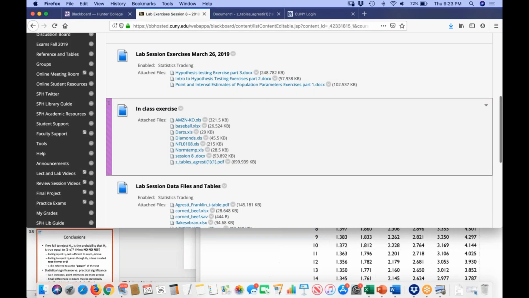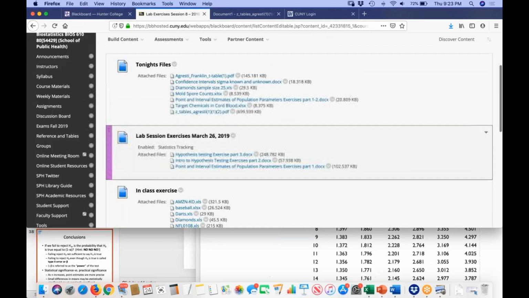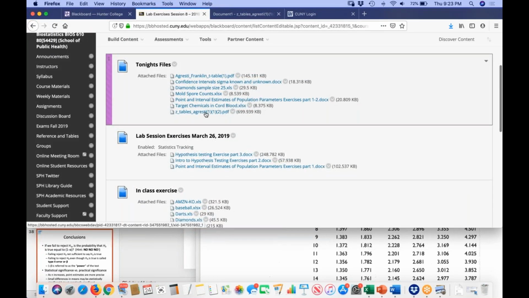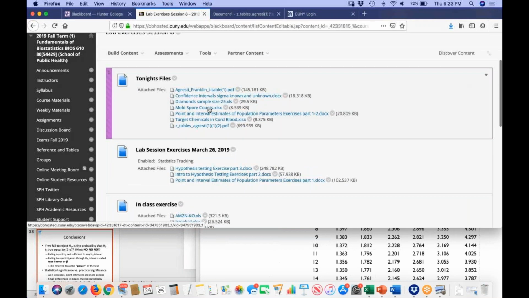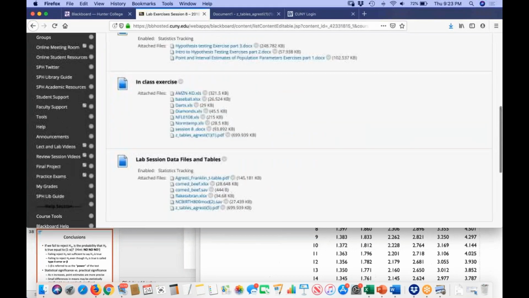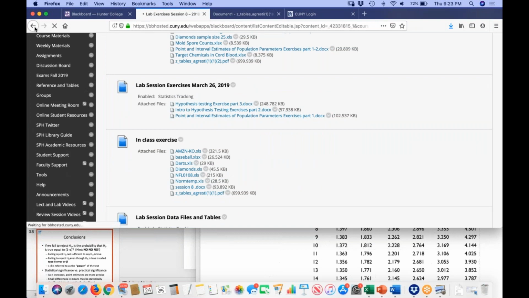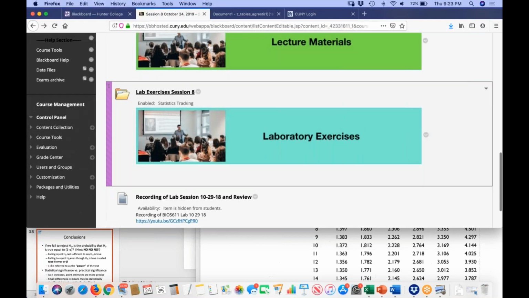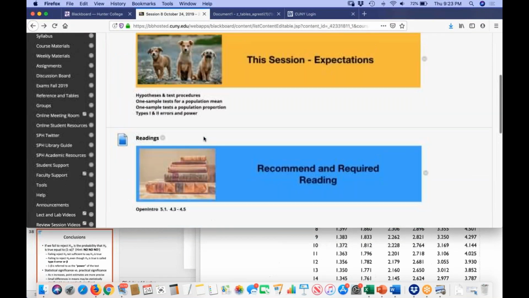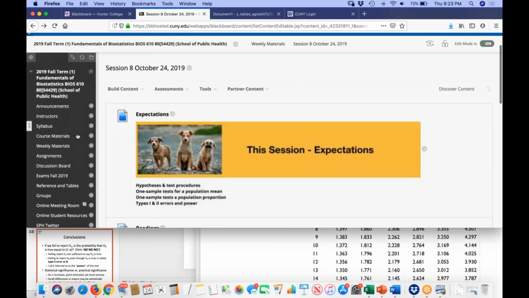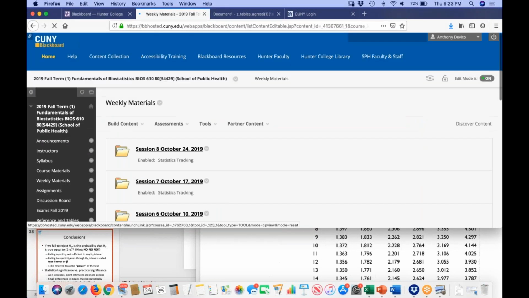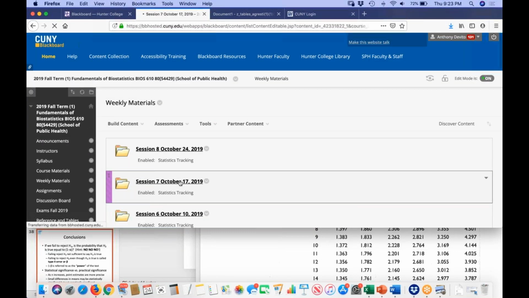I don't like these single sample t-tests. I'm not in love with these examples. We can find some others here. I might have had some from last week that we didn't get to.